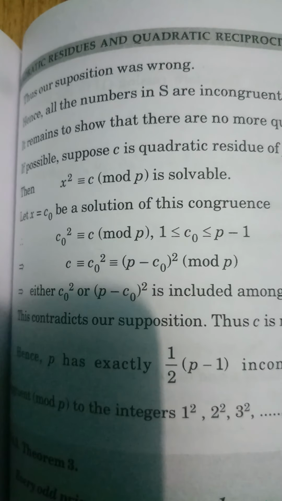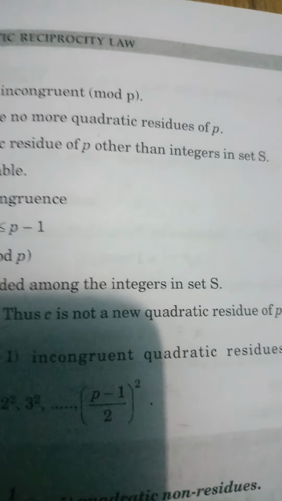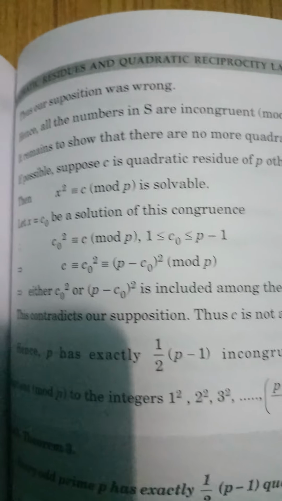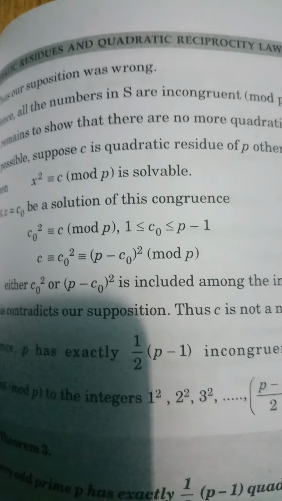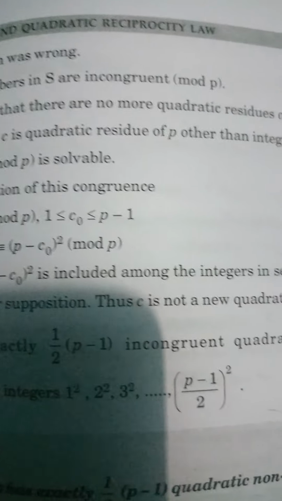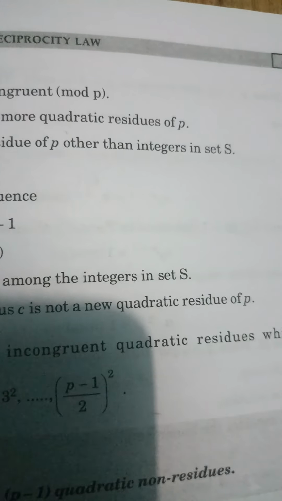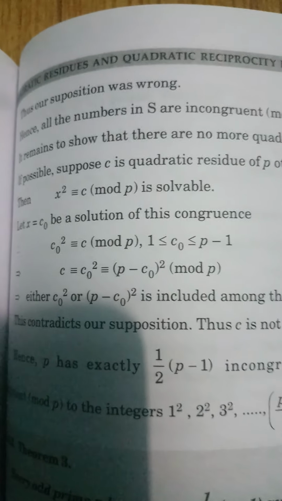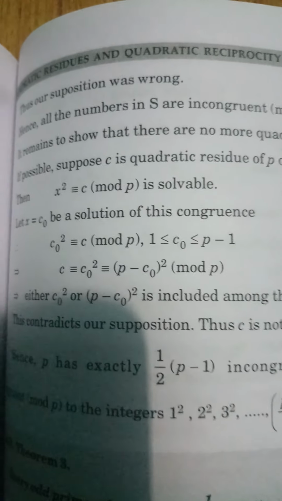So it remains to show that there are no more quadratic residues of p. If possible, suppose C is a quadratic residue of p other than the integers in set S. Then x square congruent to C mod p is solvable.